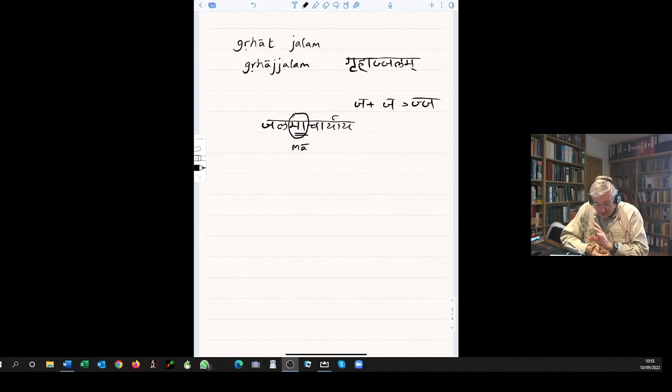It can get slightly more complex than that with a nasalization, but we'll leave that for the moment. It's also correct to write it simply as a double L. So acharya labhante, they get, acharyat, from the teacher. So shishya jnanam, acharya labhante, the students get knowledge from the teacher.